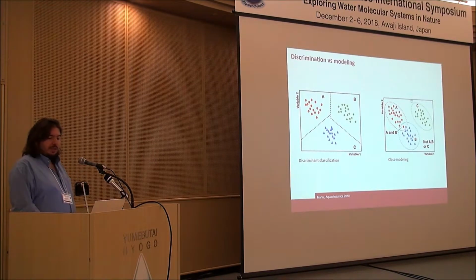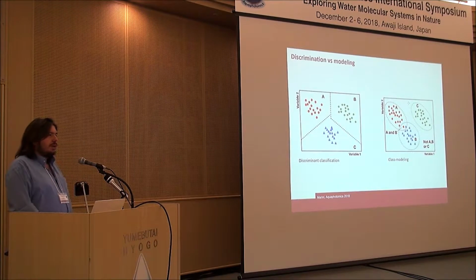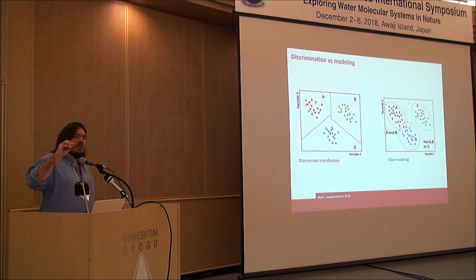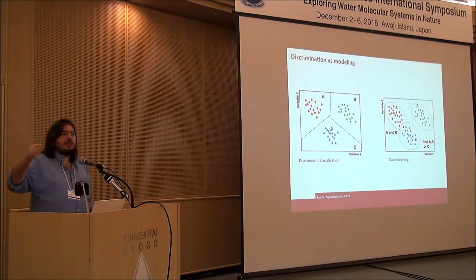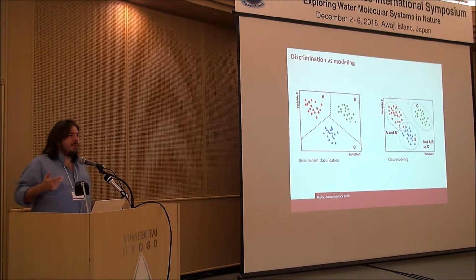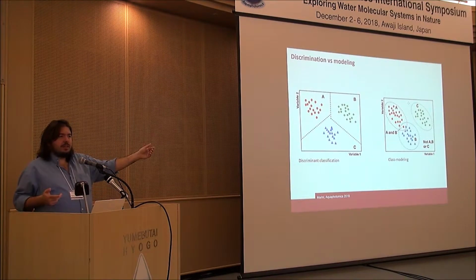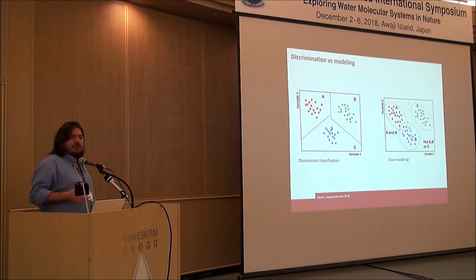And more interestingly, if I have a sample that falls in this part here where no training sample was mapped and no class space is defined, then I have information that that particular sample may be something else, maybe a measurement outlier, maybe something different, maybe even a fourth class that was not represented in the training set.